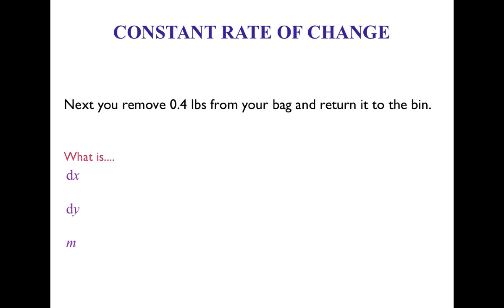This is the change just from the bag. It's not the change of the total. Is it a decrease?